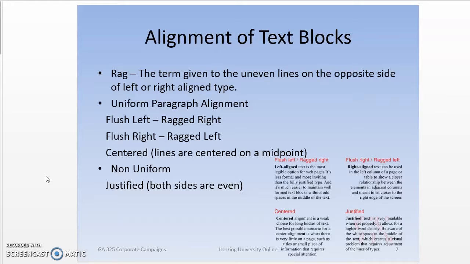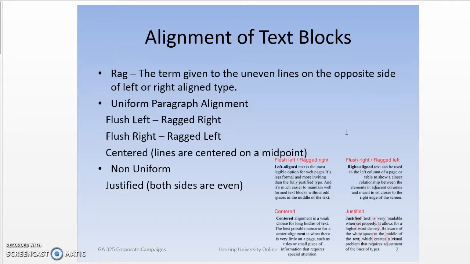As you can see, a nice clean straight line down the left side, and the rag would be considered this uneven line that goes around the right side, and the same with the right flush text. As you can see, the uneven line around the left. So the goal is to try to minimize that as much as possible.